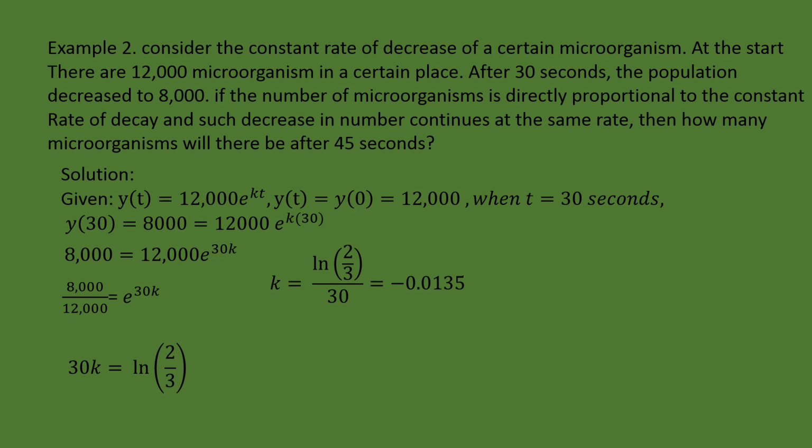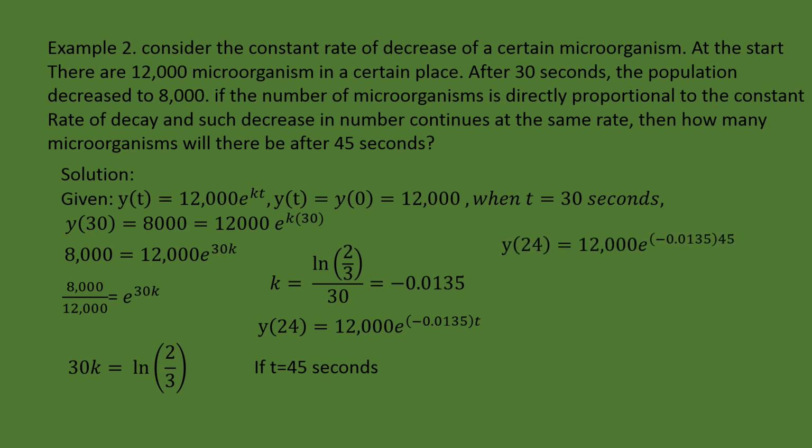Then after that, we can now use this to identify the number of microorganisms left after 45 seconds. So we have y of 45, that is not y of 24 actually, that is y of 45 rather. So y of 45 is equal to 12,000 times e raised to the power of negative 0.0135 times t, where t is equal to 45 seconds.